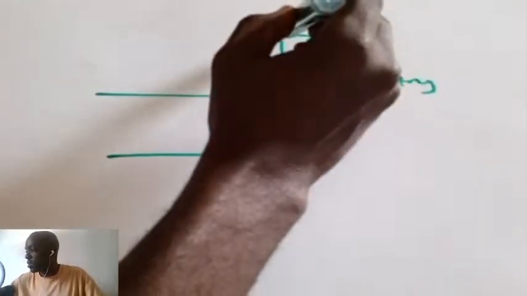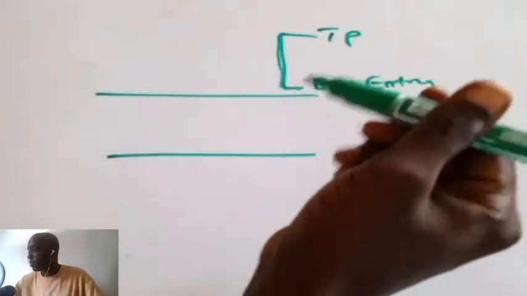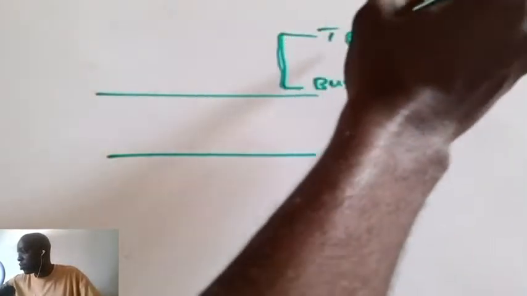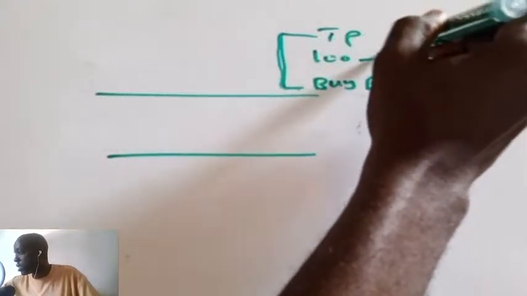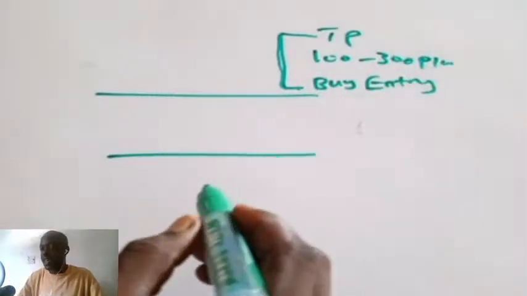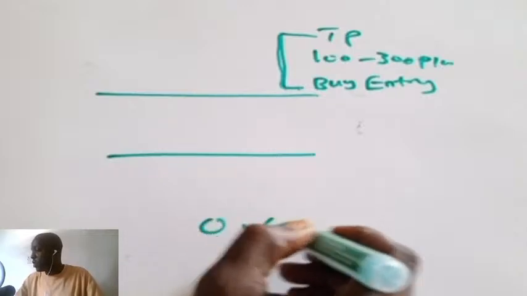From our screen now, we want to risk $8 and to target 100 to 300 pips with 0.4 lot size.